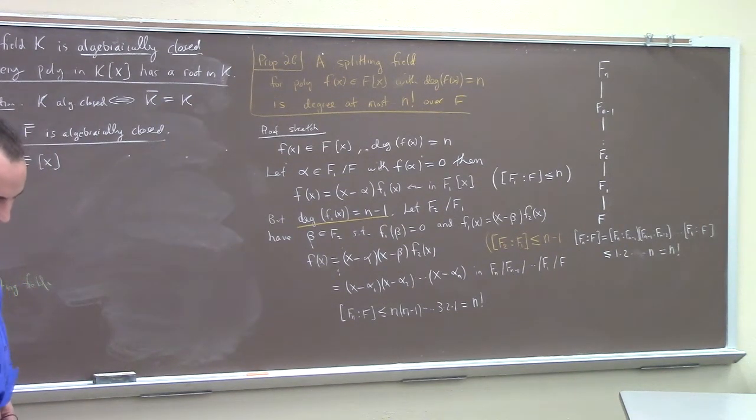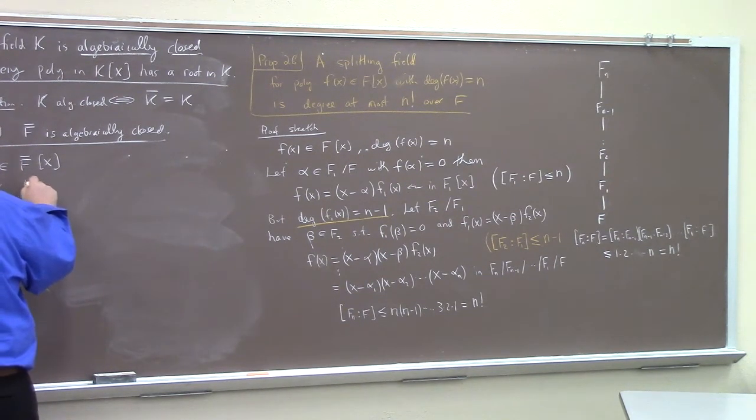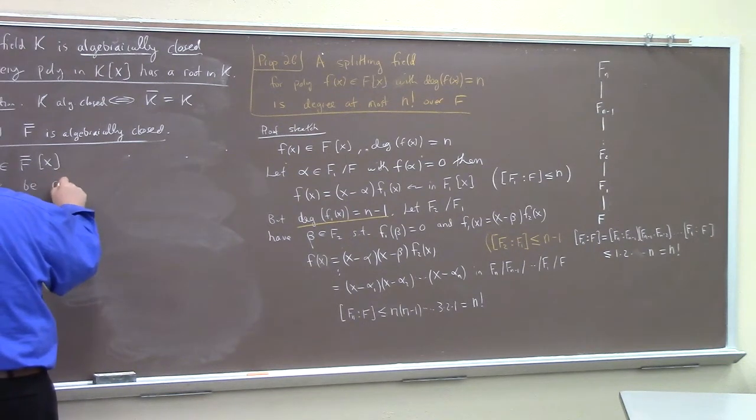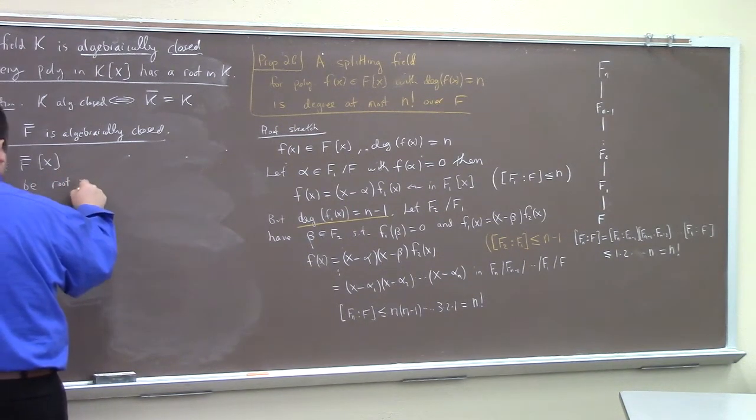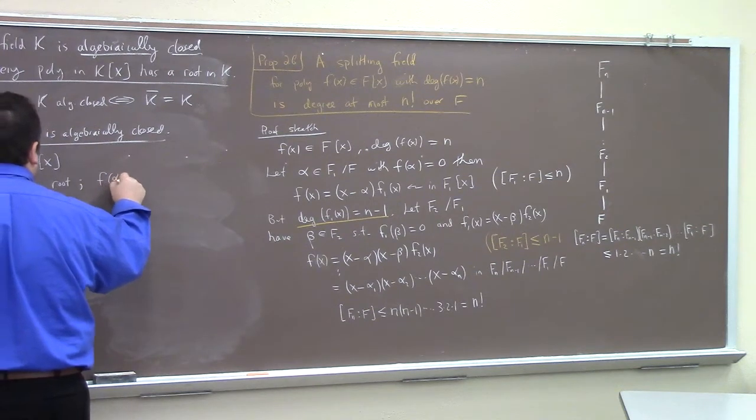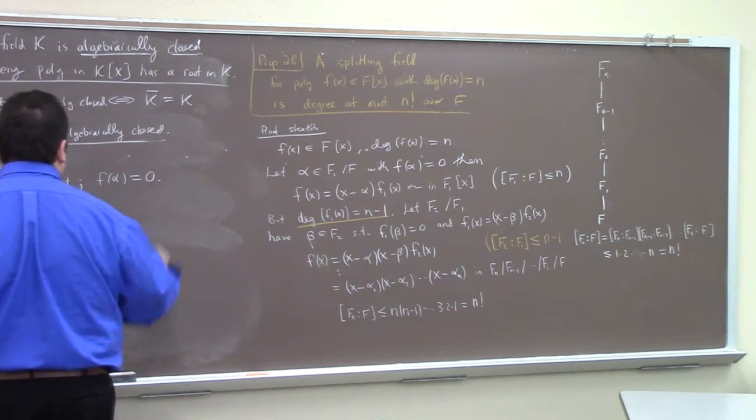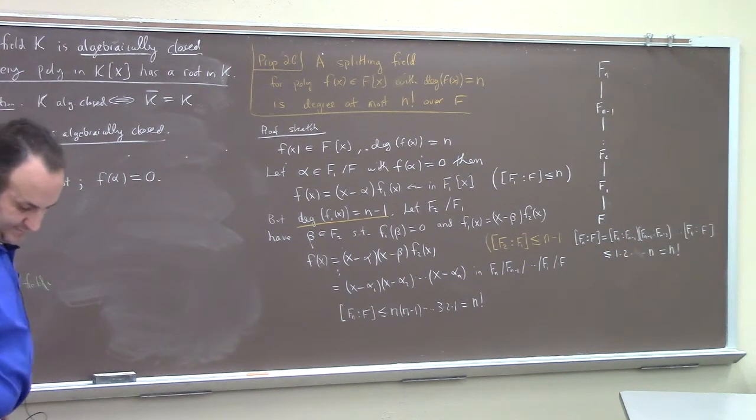So he begins the proof by let f of x be a polynomial in f bar of x, right? And let alpha be a root of f of x. So f of alpha equals 0. Then what?